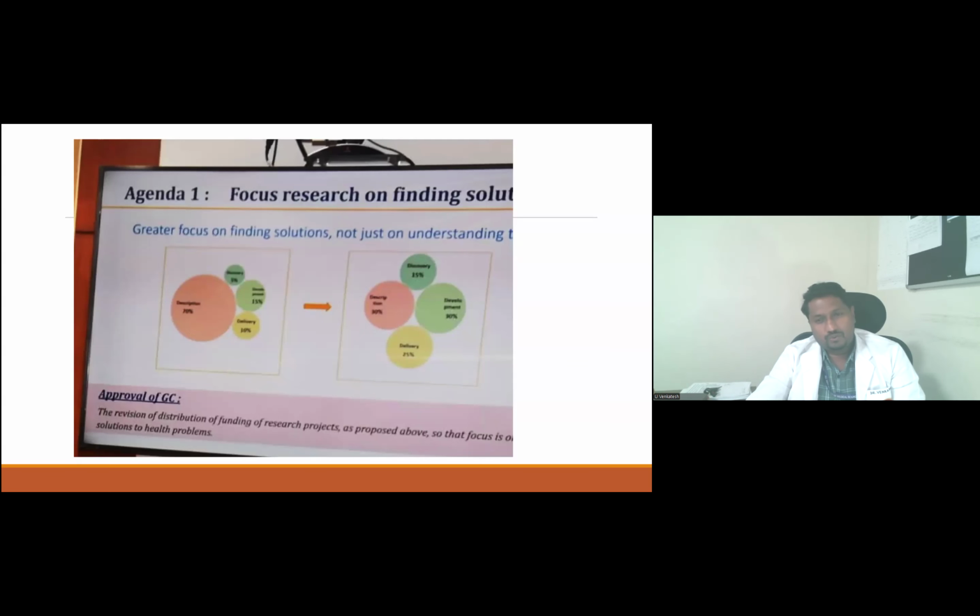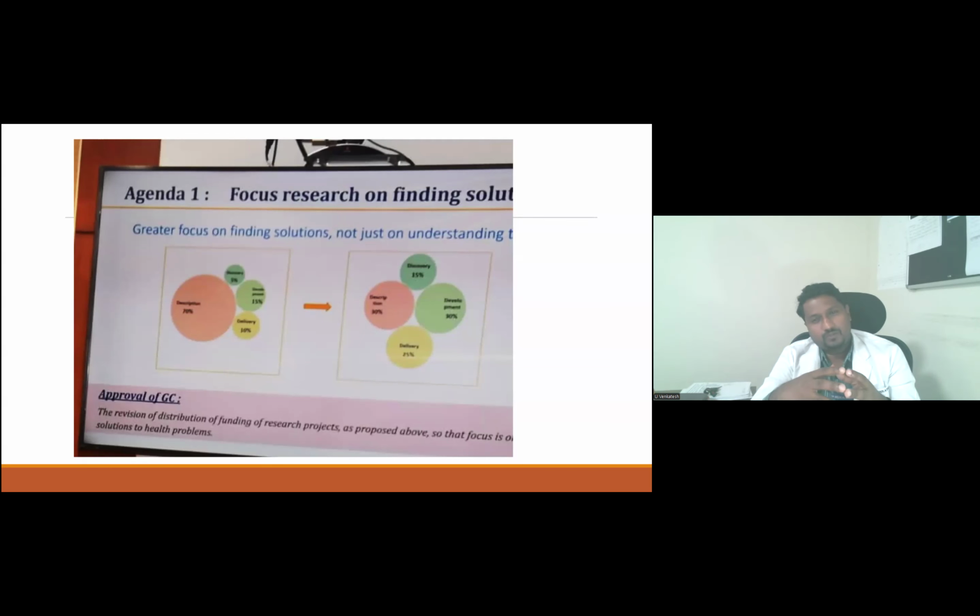So what do you need to do? You need to focus on developmental, delivery, or discovery research. If you come up with a descriptive research question or descriptive objective, you have a lesser chance of getting selected. Even if you have a descriptive study, it should be pan-India.